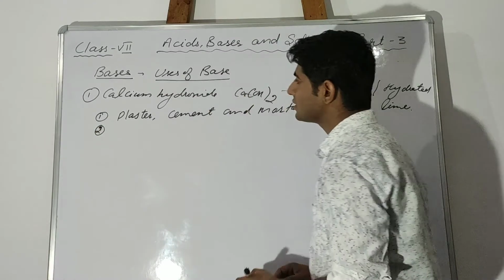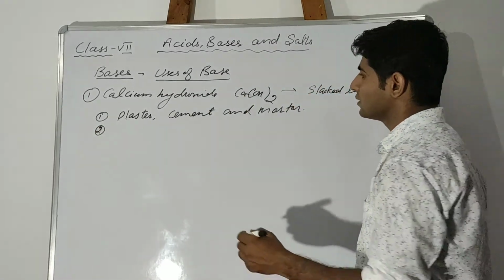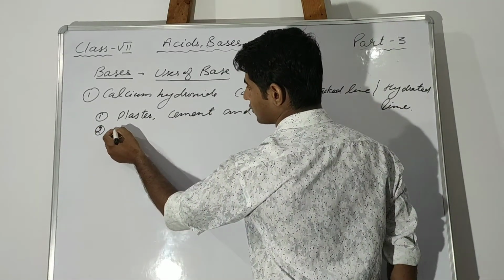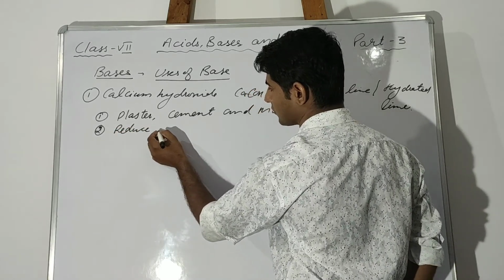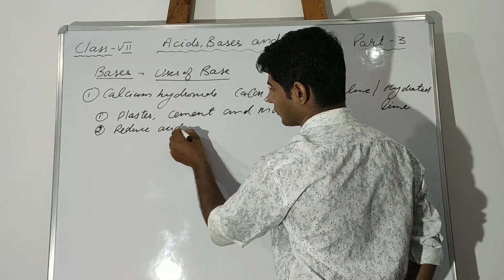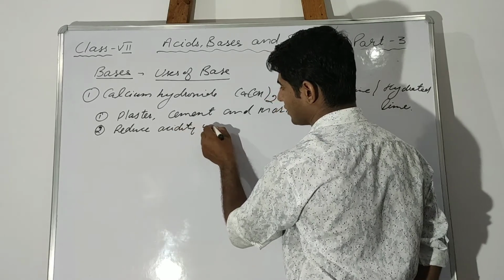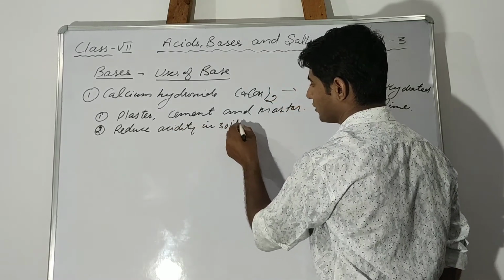Second use of calcium hydroxide is that it is also used to reduce acidity in soil.